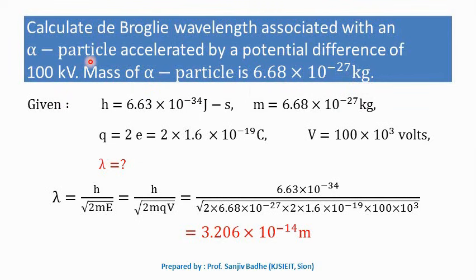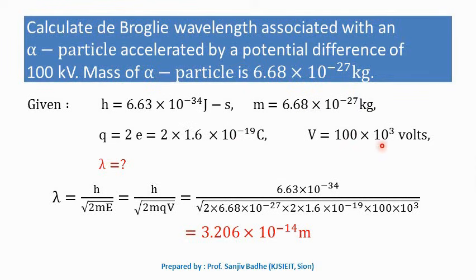Now for the alpha particle, we know the charge on the alpha particle is equal to 2 times the charge on the electron. So when we find the energy of the alpha particle accelerated by the potential difference, this energy is equal to qV, and this q we will substitute as 2 into e, that is 2 into 1.6 into 10 raised to minus 19 coulomb.